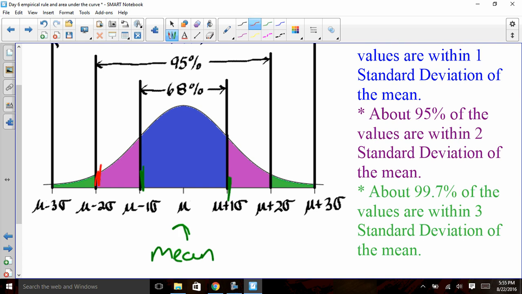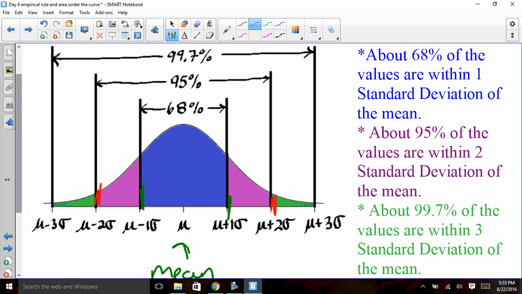If I do it twice, so I add that same standard deviation twice, 1, 2, and subtract it twice, I'll get within 2 standard deviations. And within 2 standard deviations, I'm talking about 95% of my data. And lastly, within 3 standard deviations, I should be talking about 99.7% of my data.